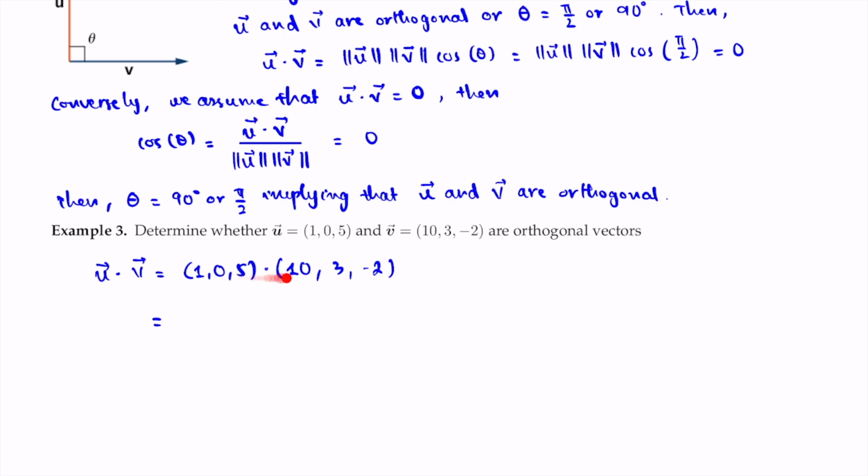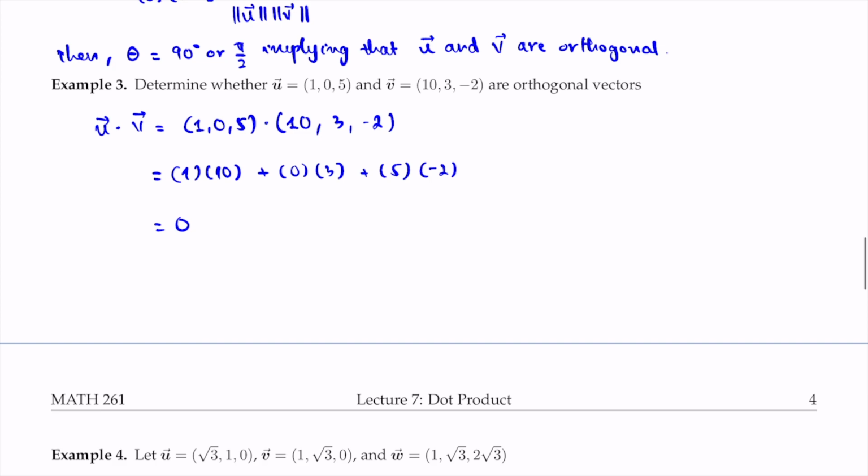Here you apply the dot product of two vectors and you get 1 times 10 plus 0 times 3 plus 5 times negative 2. And obviously the answer is 0, so you conclude that the vectors u and v are orthogonal.